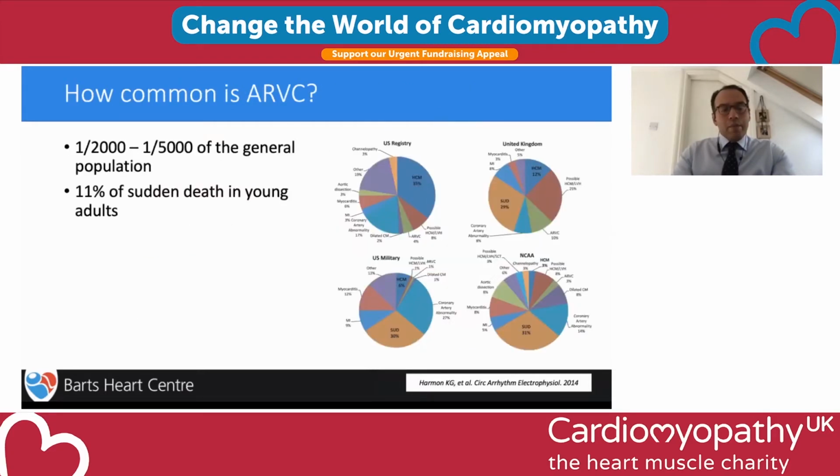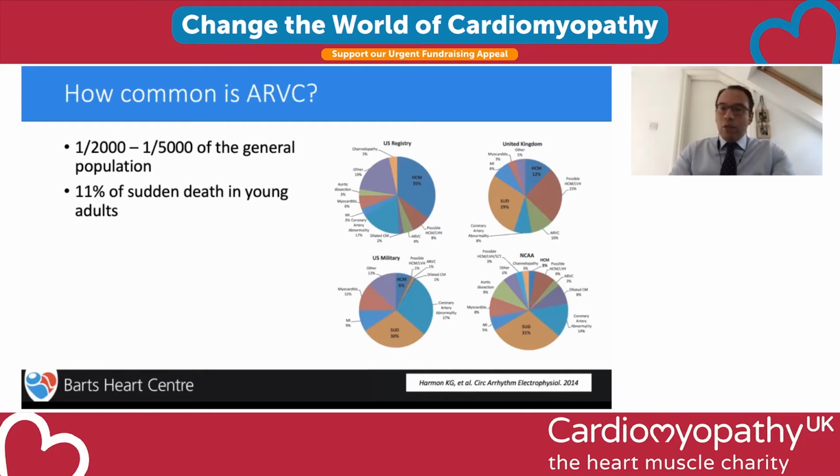Now, it is always a bit difficult to assess exactly how common some cardiomyopathies are. But in the case of arrhythmogenic cardiomyopathy, we think it's around 1 in 2,000 to 1 in 5,000 of the general population. It really comes down to registries, countries, how closely people are looking, and the diagnosis. You can see here different registries of sudden cardiac death.